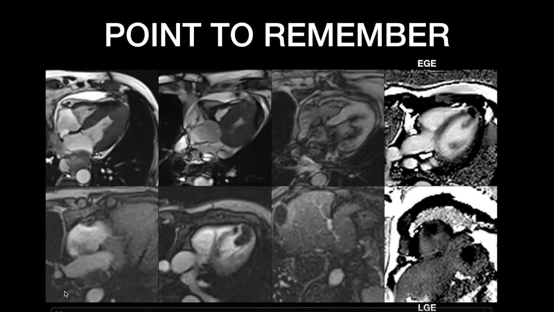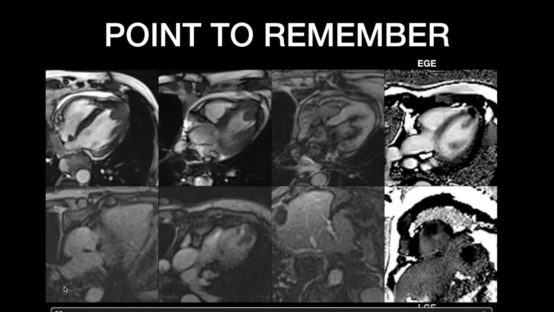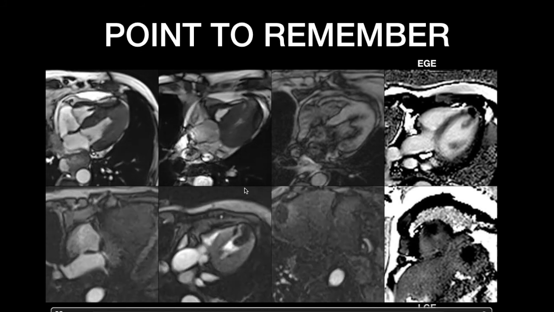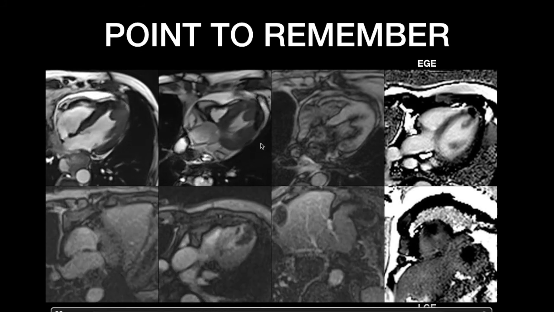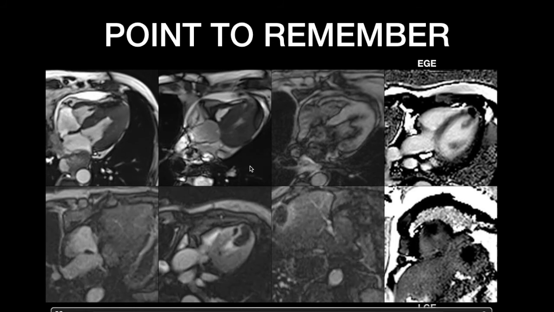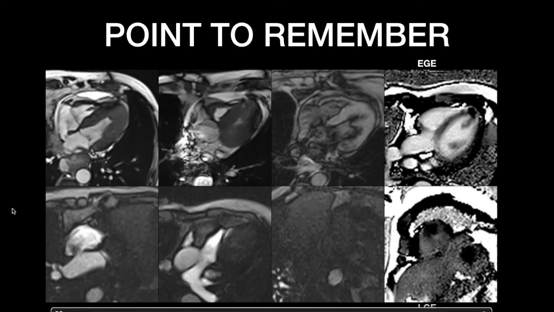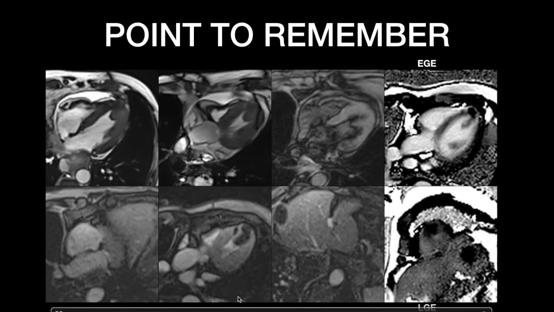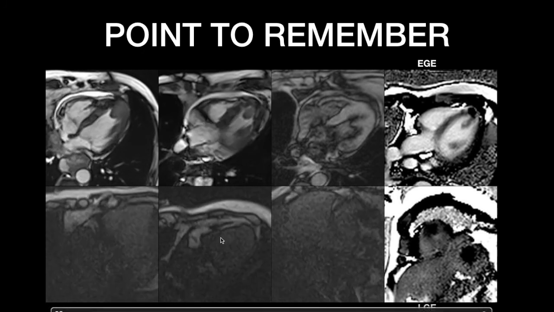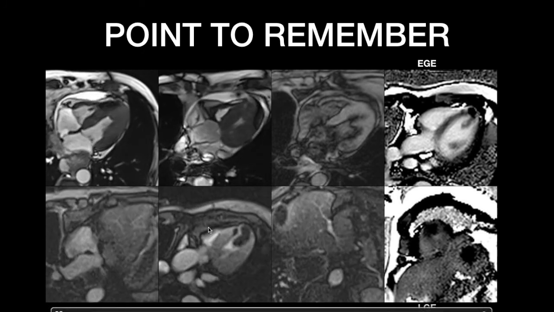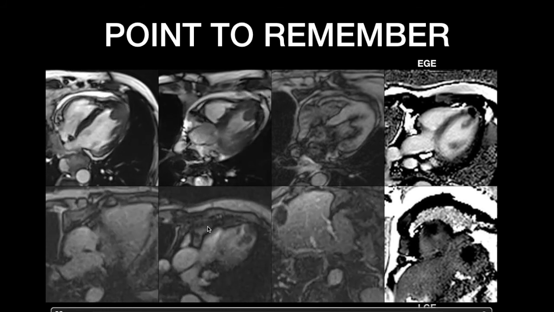A metastatic lesion can be a direct extension from adjacent structures like the lung, esophagus or breast, or it can be hematological or lymphatic spread. Please have a look at the pericardial effusion. If it appears hyperintense on T1 weighted images, it could be a hemorrhagic pericardial effusion.